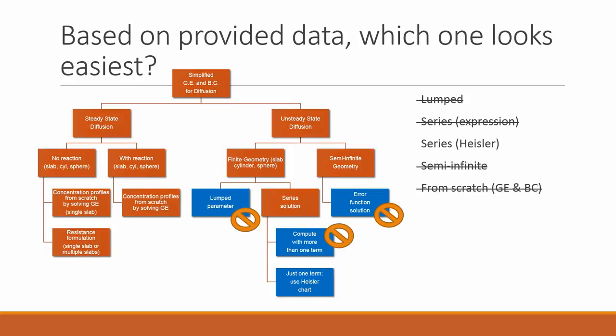Now, of the series solution, we have 2 choices. We have expression. We can always start from the expression, but we have to do quite a bit of calculation. But if I can get away with the one-term solution, one term of the series solution from the expression, then we could just simply use Heisler chart.